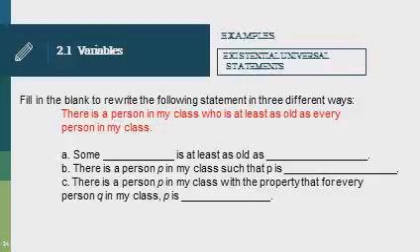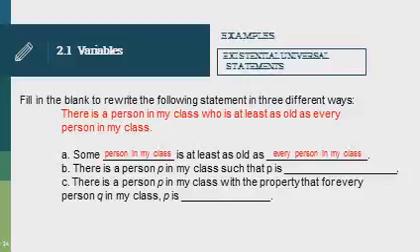There is a person P in my class with the property that for every person Q in my class, P is blank. So, the answer for letter A is some person in my class is at least as old as every person in my class.